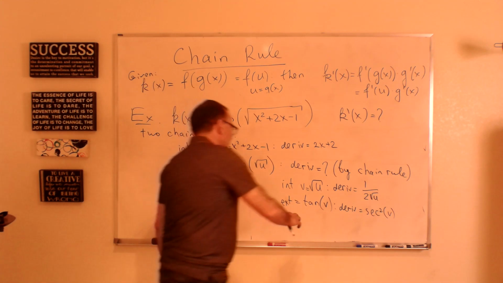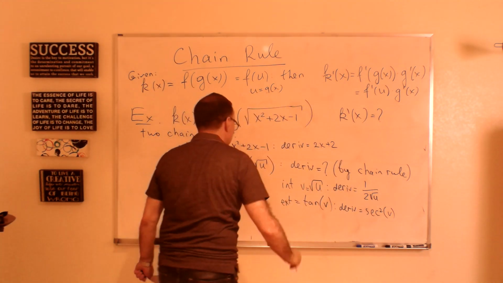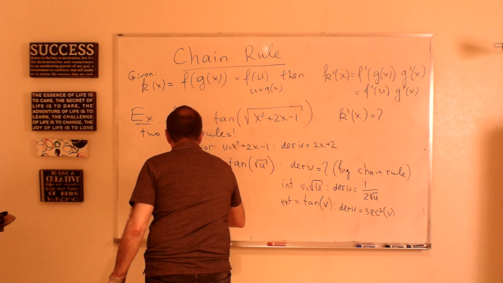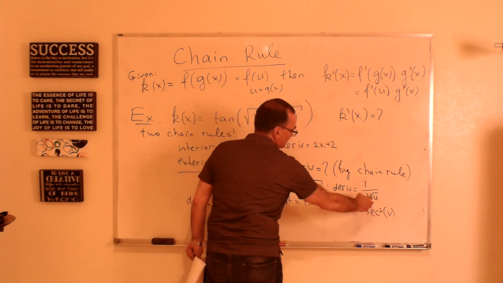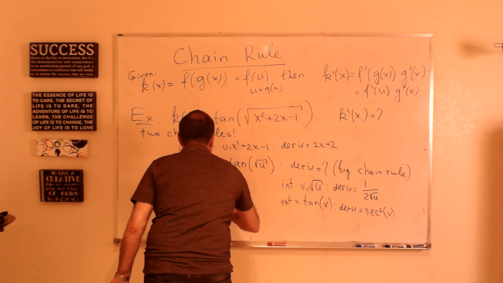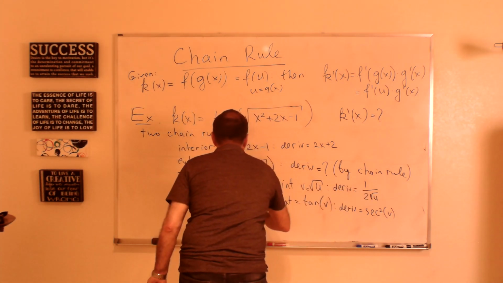And the overall derivative of the exterior function here, by this chain rule, equals the derivative of the exterior times the derivative of the interior, which means it equals secant squared v times 1 over 2 square root of v.